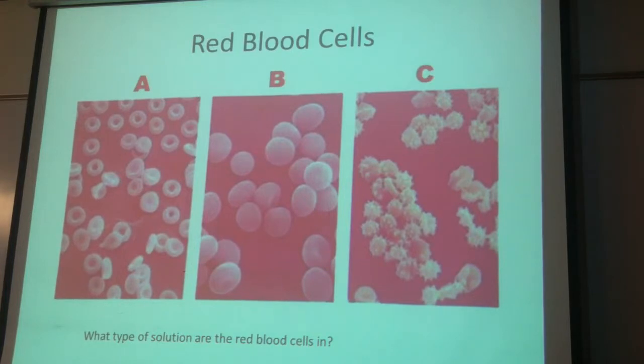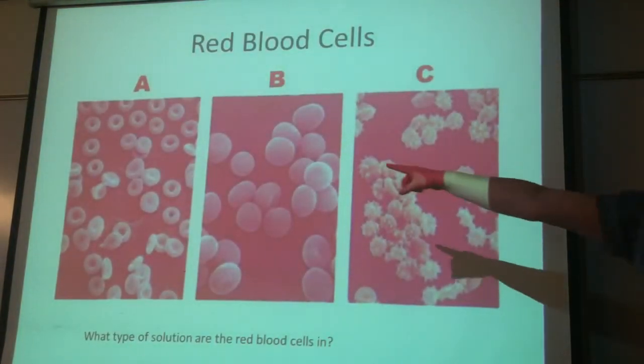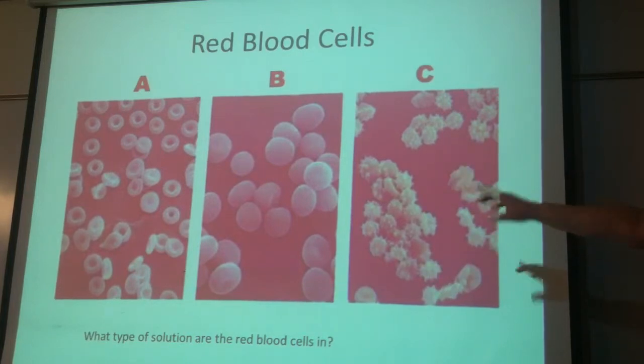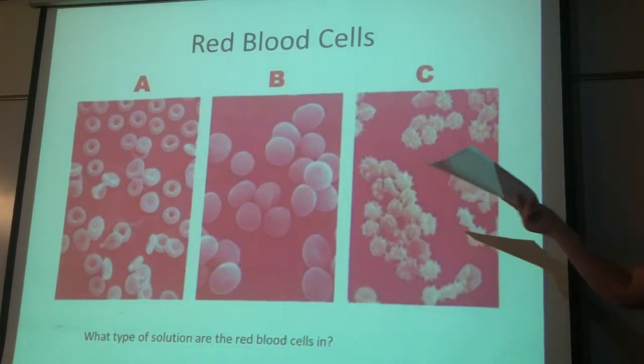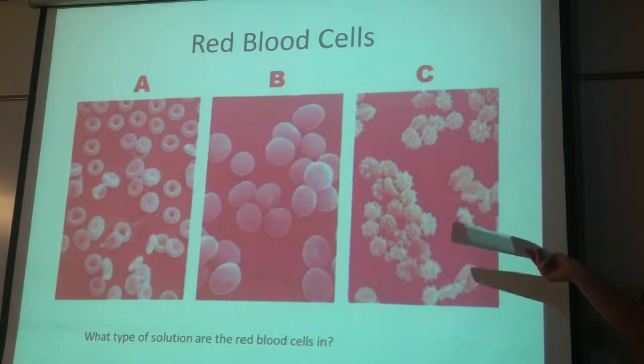Pop quiz. What type of solution are the red blood cells in, in each of these? Isotonic, hypertonic, or hypotonic? Yes, isotonic, same inside and out. The important part is that I asked what the solution is. If I had asked what the cell is, that's different.